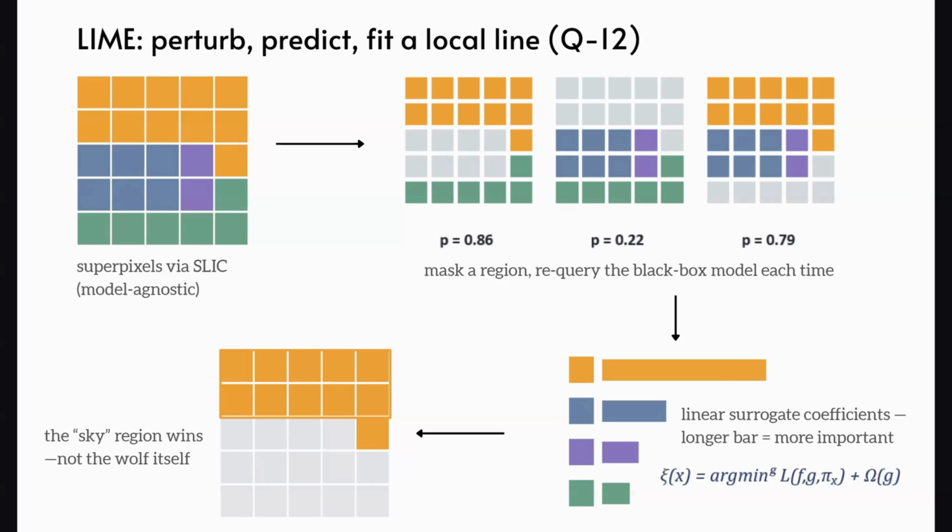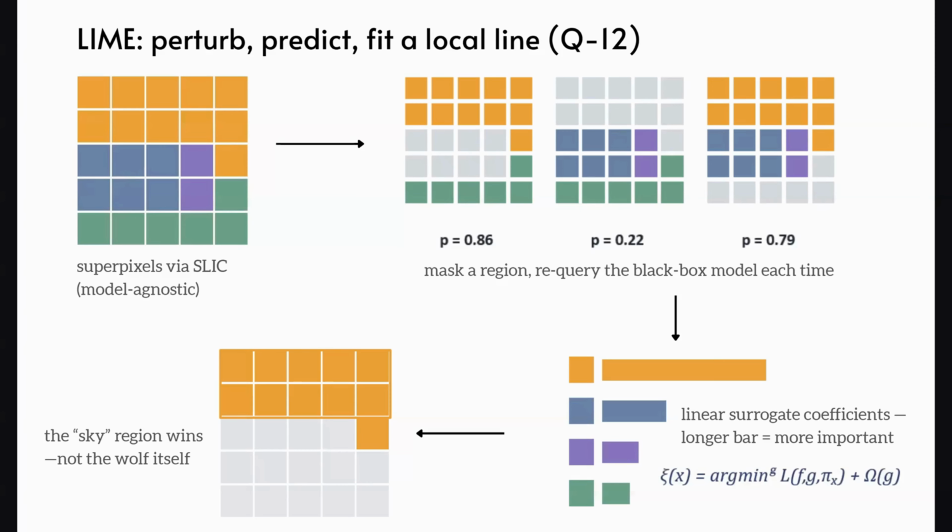So if you intuitively think it is being queried by the black box model, we want to understand: if we are not providing the wolf, like the wolf is masked here, and it is only seeing the image as a sky and a green part, grass, and it is giving such a high probability, you can understand that the model is actually seeing what it has learned. It's not focusing on the wolf at all. It does not really care about the wolf. Whatever it is classifying is based on this idea rather than the wolf.